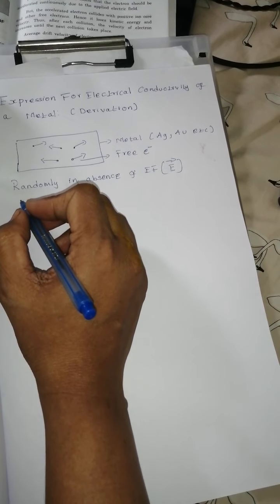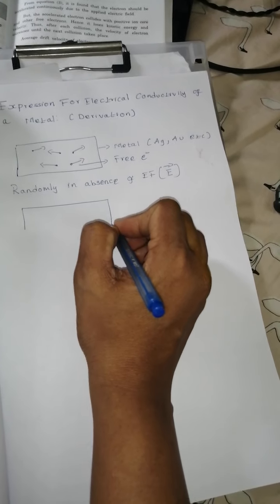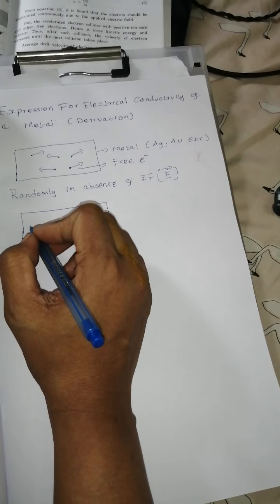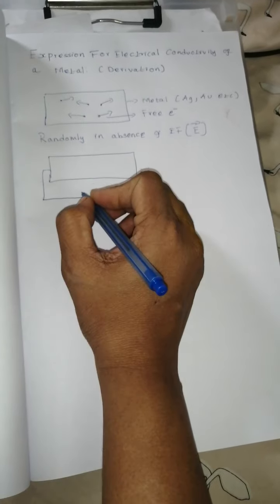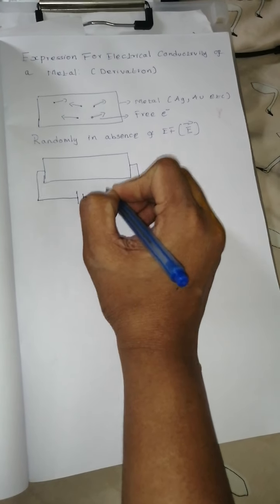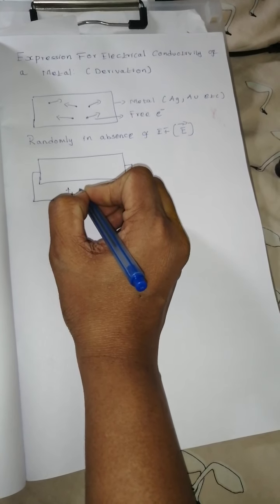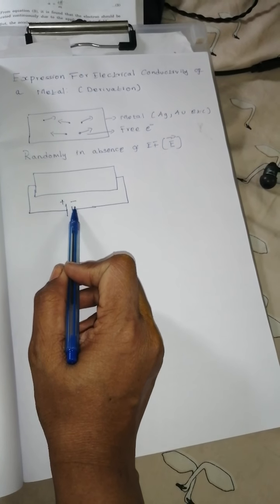Now we are going to assume a metal which is given a potential difference. This is the positive terminal and this is the negative terminal.